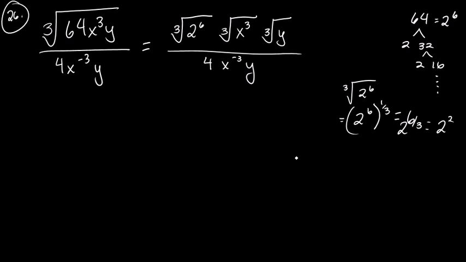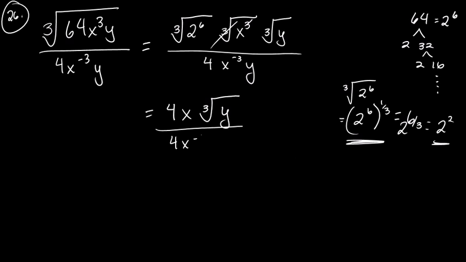So when I'm performing this root and reducing the exponents, it becomes 2 squared, which is just 4. I'm just going to write 4 for now. And the third root of x to the third is just x, and I can't take the third root of y by itself.